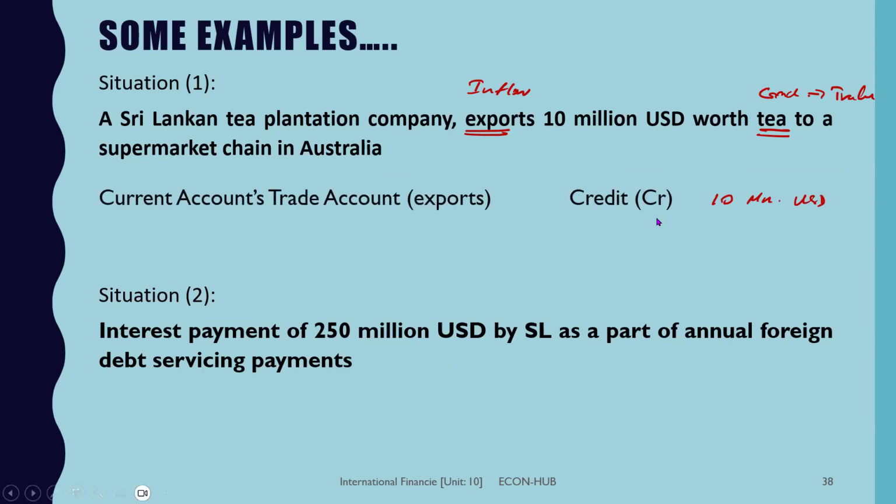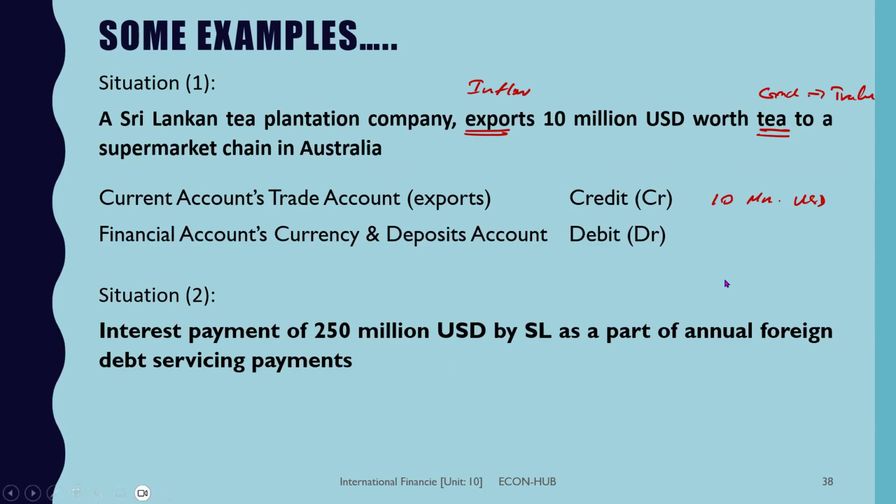Now, if the first entry is credit, second entry is obviously debit, and it goes to the same place. What is that? Financial account, currency and deposits account, debit, 10 million. Any questions? Are you guys with me? Any questions? Clear how we figure it out? Yes or no?